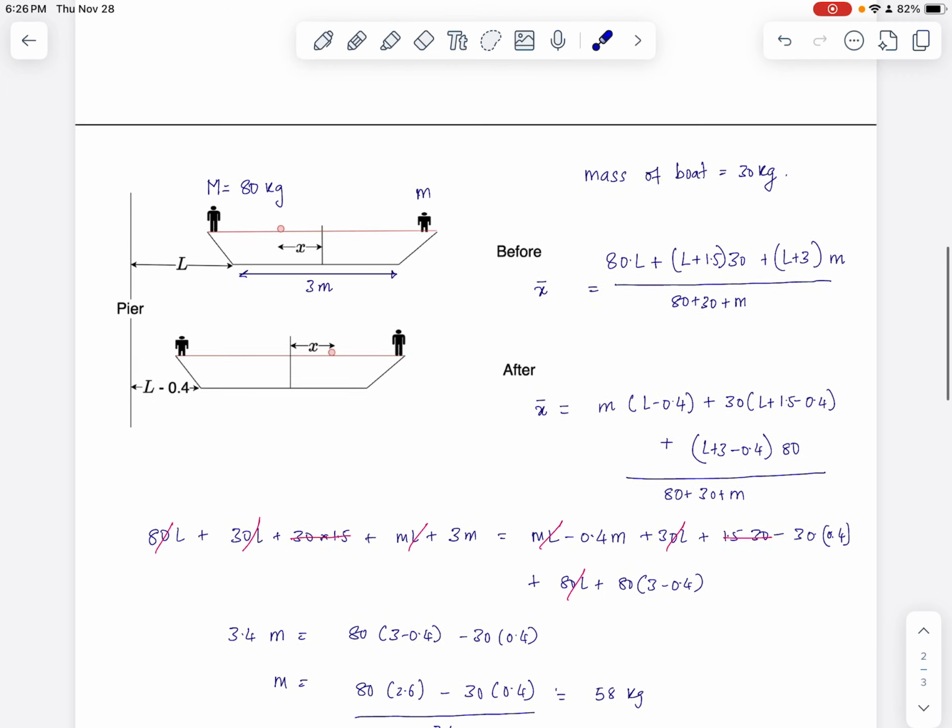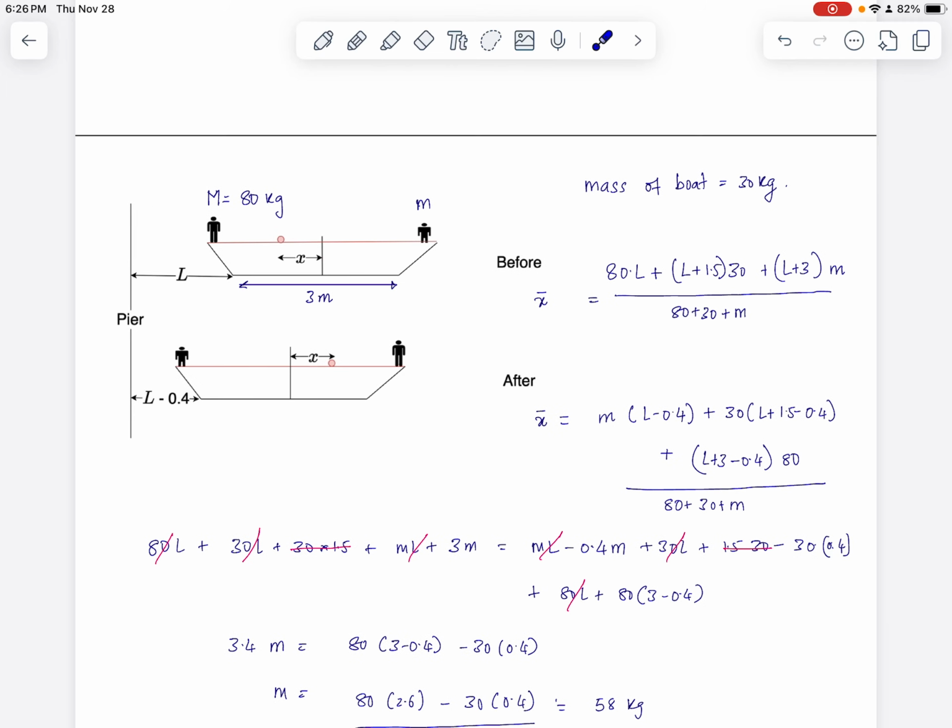Okay, so now the thing is that when the man is here, the center of mass was closer to him. Okay, it is not at the center, but closer to the man, by a distance x.